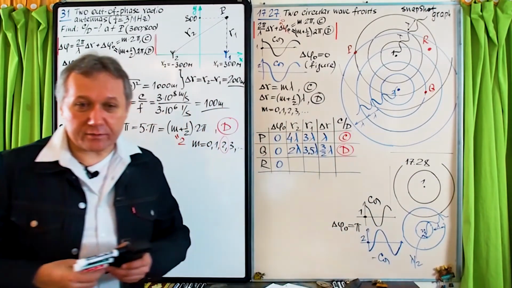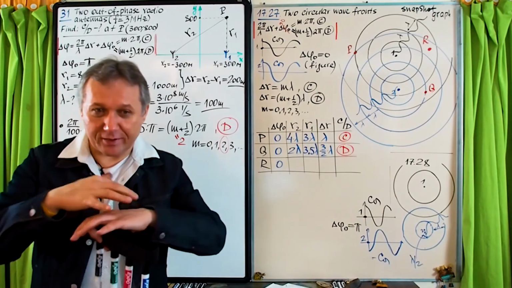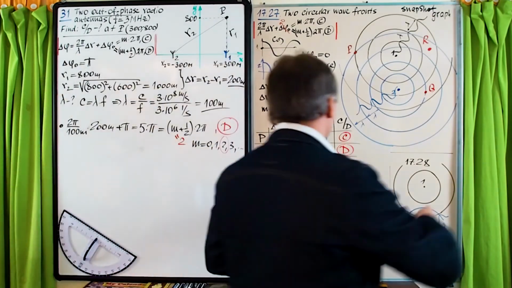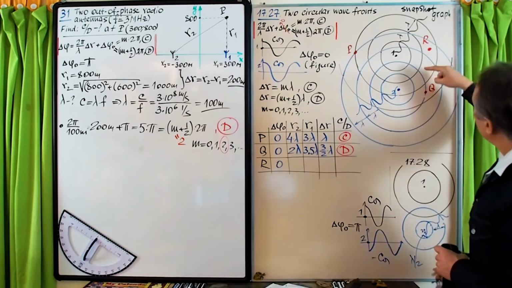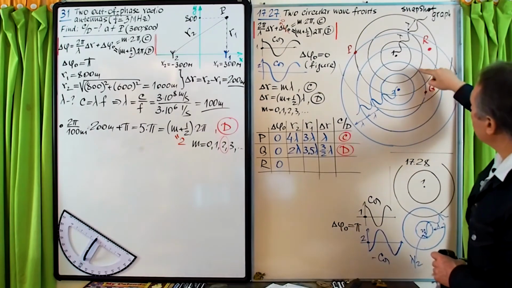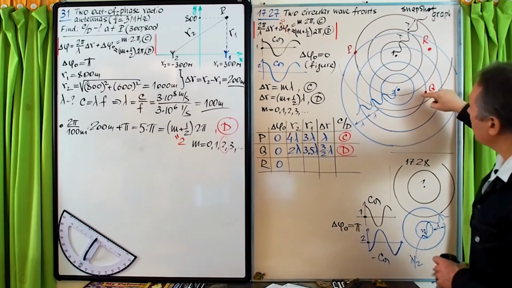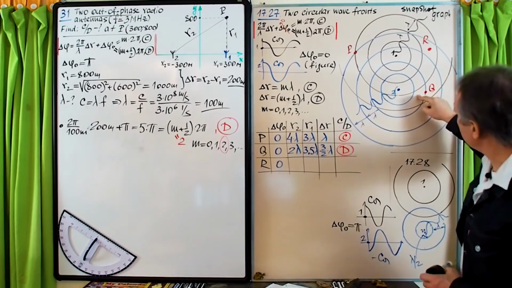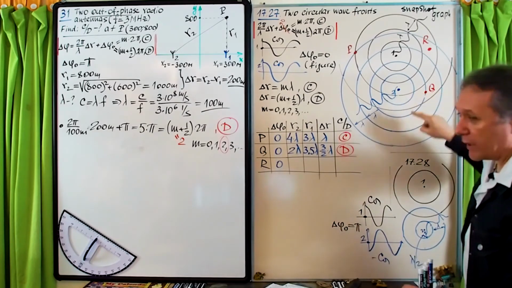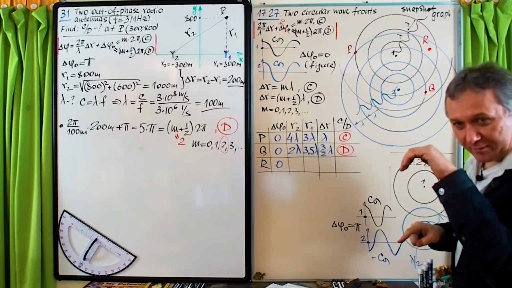Let's run that simple analysis with crests and troughs. Point Q is on the blue wavefront, so at point Q we have a blue crest.